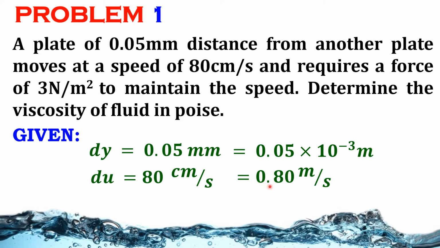Therefore, it will be 0.80 meter per second. Tau is equal to 3 Newton per meter square. Go through the problem over here. They have given only one velocity, so we are going to take your initial velocity as 0 and your final velocity as 80 centimeters per second. Therefore, your du is equal to 80 centimeter per second.